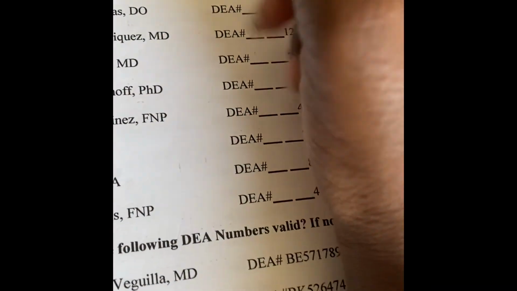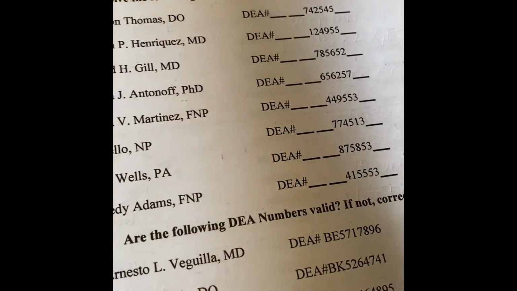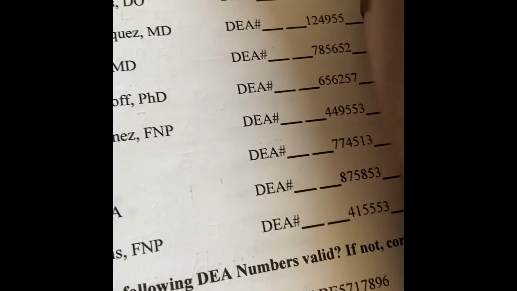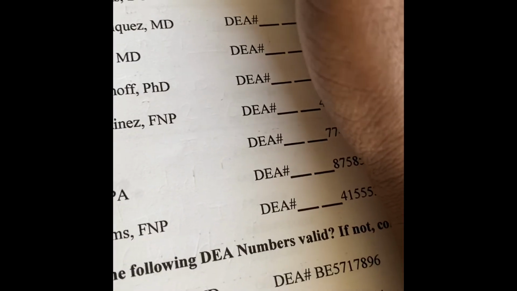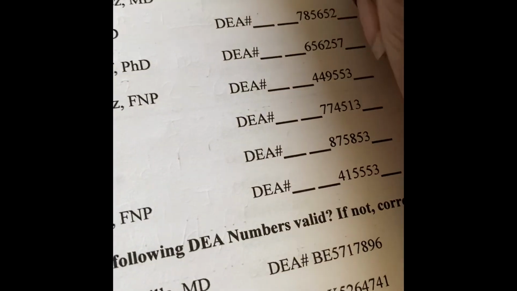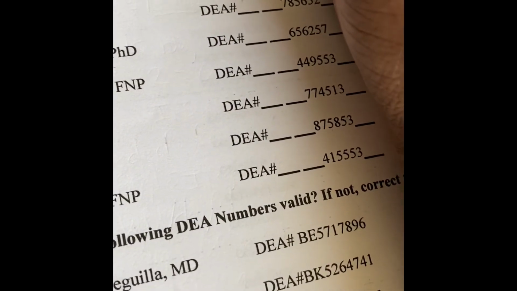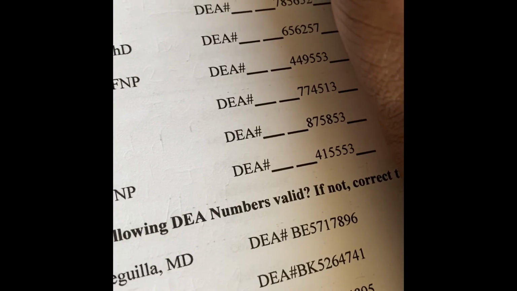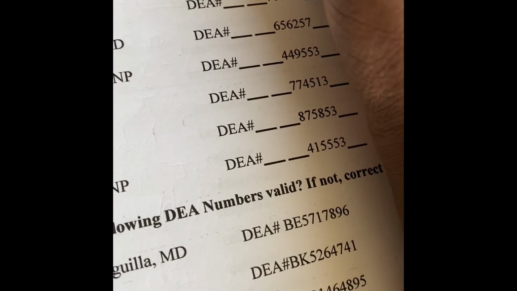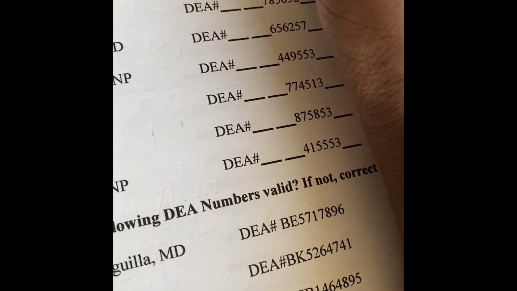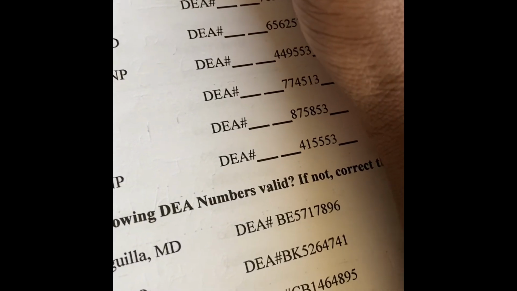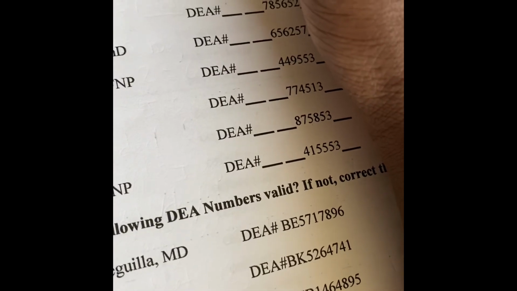So for number 1, the second letter is always going to be the first initial of your last name. So for number 1, we're going to do this one, A, T. And then what you do is you're going to add every other number together. Maybe 7, 2.